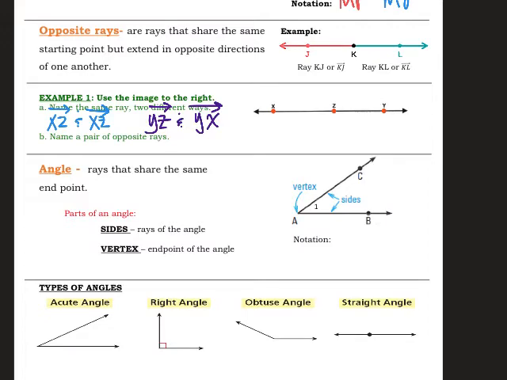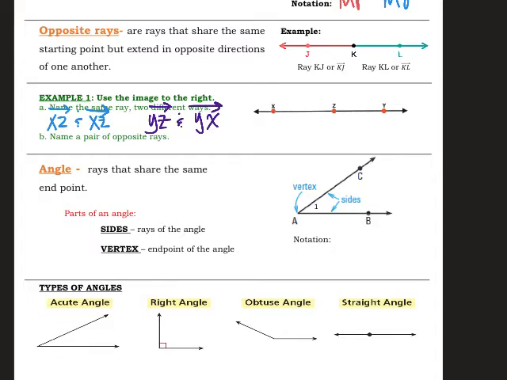Are we talking about this one? Okay, but if I go X to Z, and that's to my right, I'm going to have to go X to something else to my left, and there's nothing there. Start at Z, so I can go Z to Y, and then where? Z to X, and those would be opposite rays.